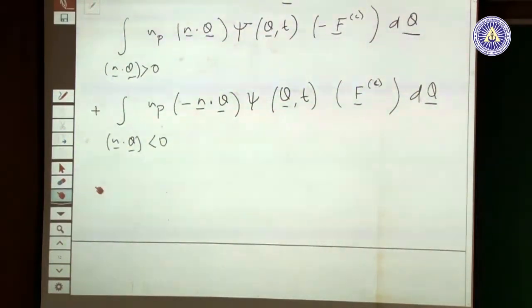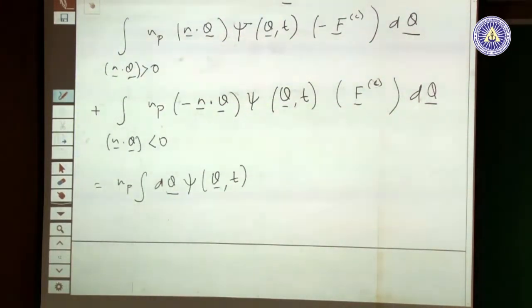This will be equal to the integral over all q, dq psi q comma t, n p n dot q, times F c.